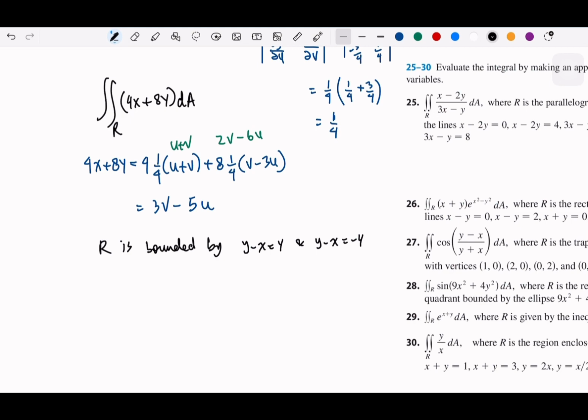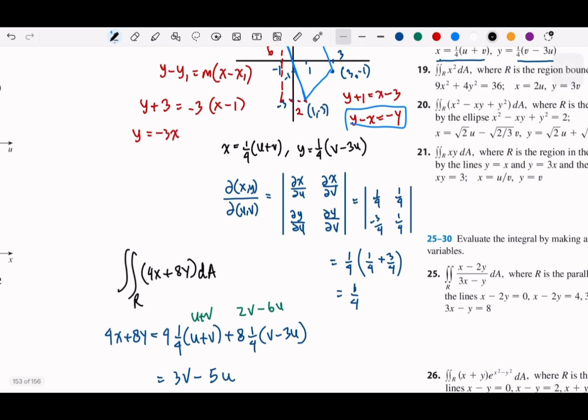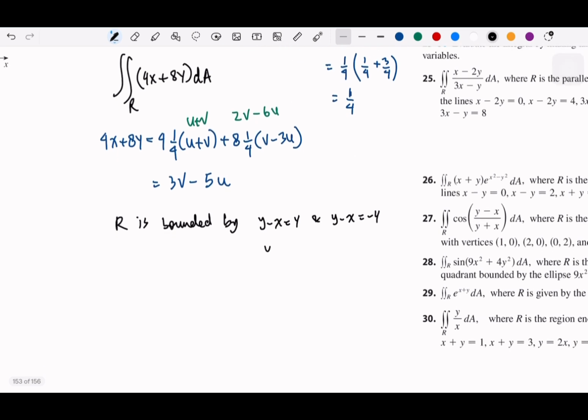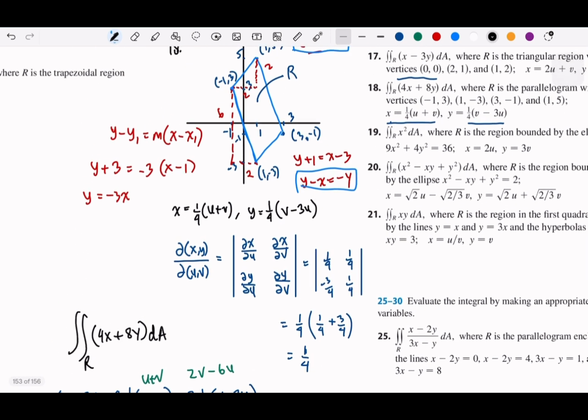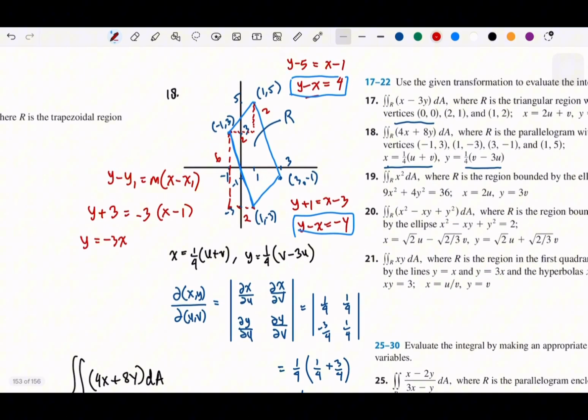And then this y equal -3x, and if you want to know this one, then this will be y minus 5 equals -3 times x minus 1.